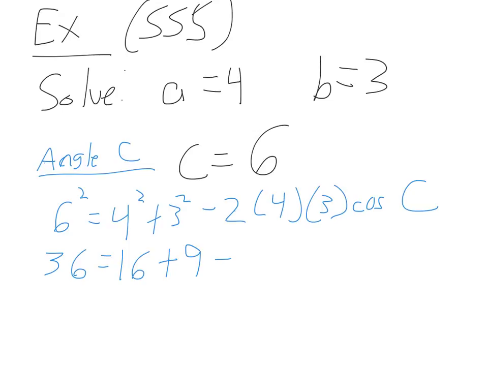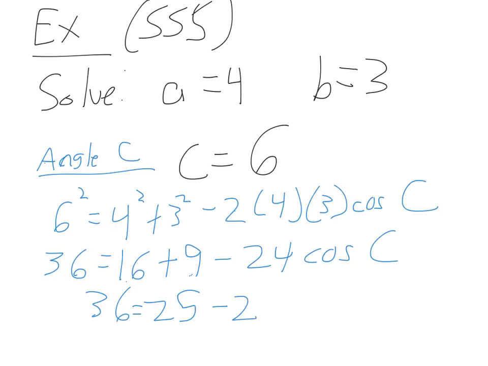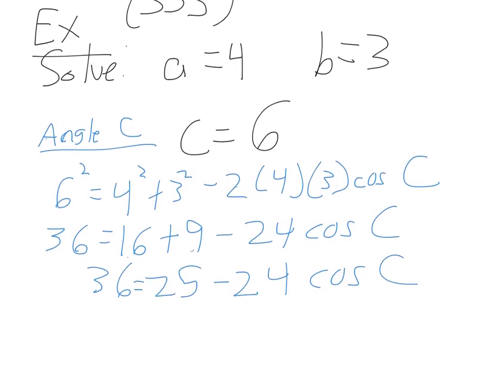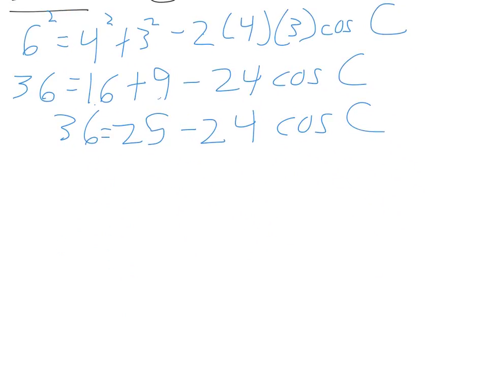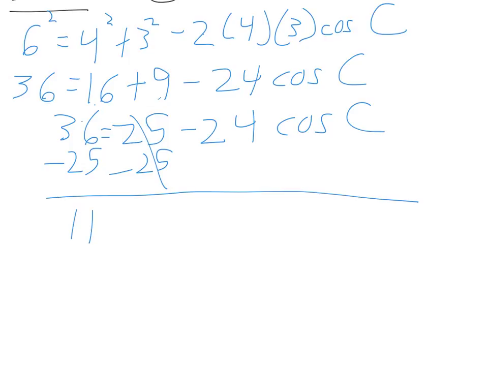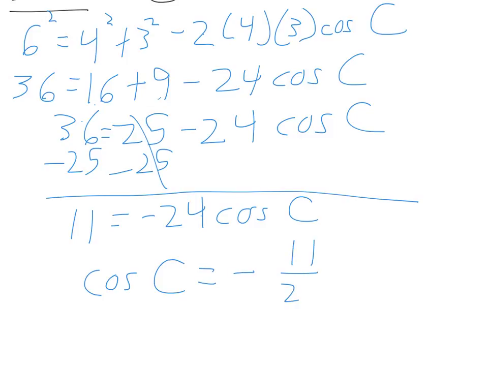Then minus 2 times 4 is 8, times 3 is 24, minus 24 times the cosine of C. 16 plus 9 is 25, is equal to 36, and then subtract from the 25 the 24 cosine of C. So now if you want to subtract 25, 36 minus 25 is 11. 11 is equal to negative 24 cosine of C. So cosine of C is equal to negative 11 over 24.